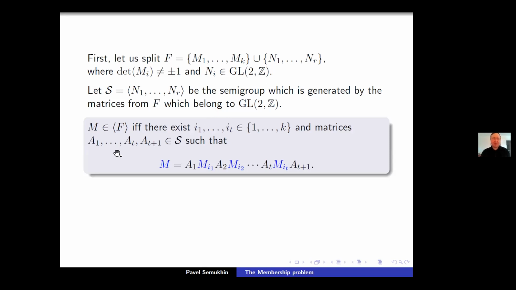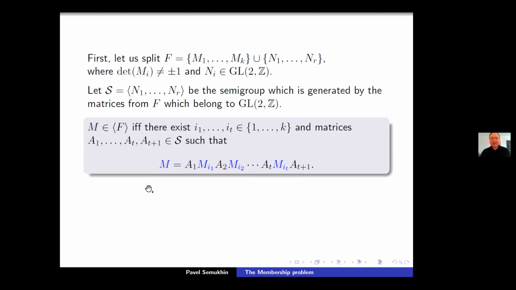A matrix, the target matrix M, belongs to the semigroup generated by F if and only if there exists a sequence of indices, let's call them I1 to IT, and matrices A1, ..., AT plus 1 from this semigroup S, such that M can be expressed as the following product.